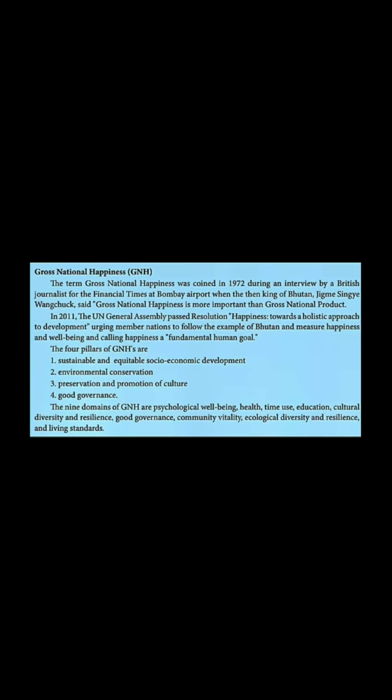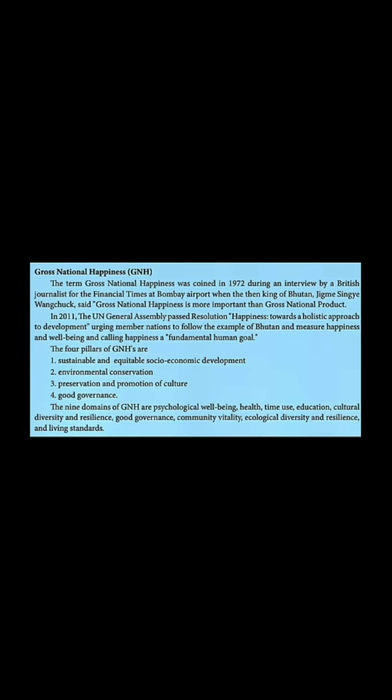In 1972, at which place? Bhutan. At first it was in Bhutan. Next, in 2011, the UN General Assembly passed the resolution. So later it was called as the fundamental human goal.